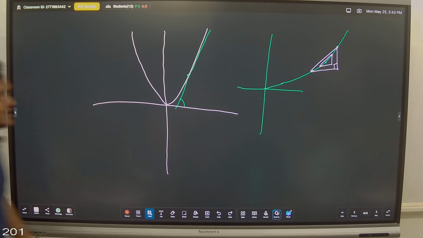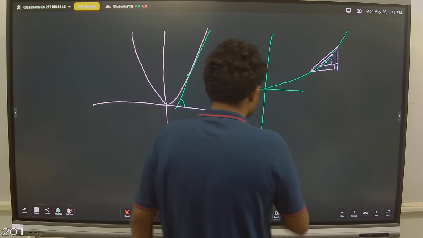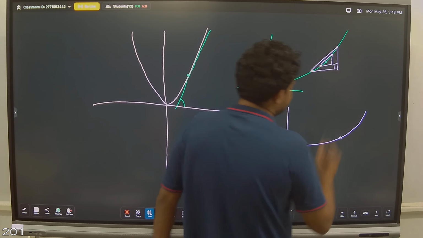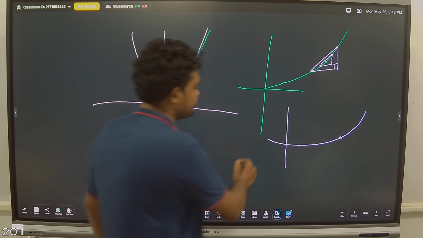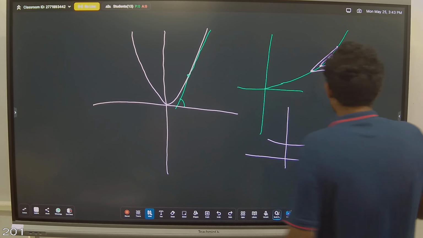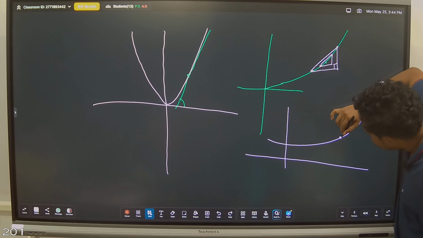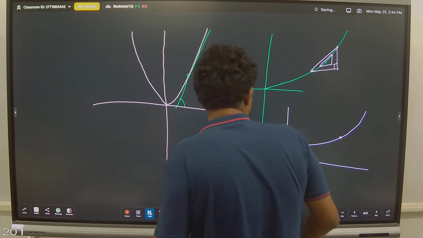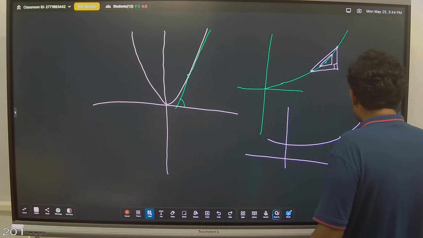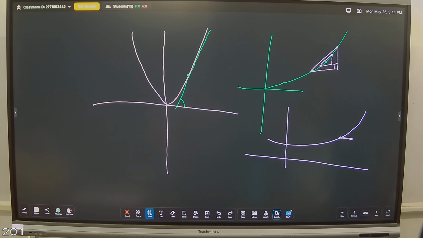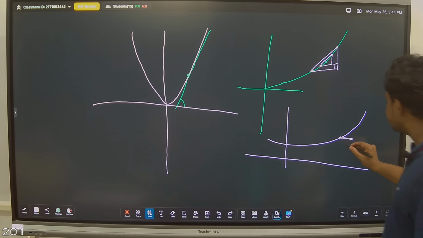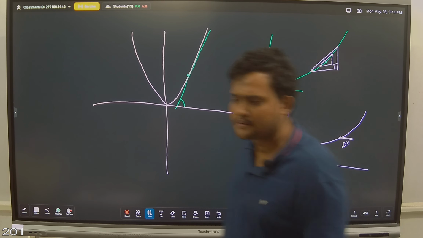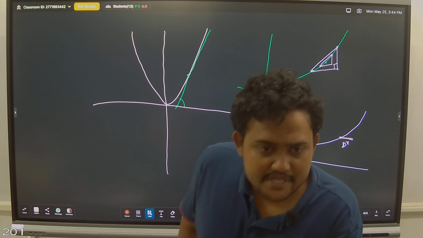So essentially, if I have a curve like this, for a change along the x-axis like this, delta x, you know what delta means?